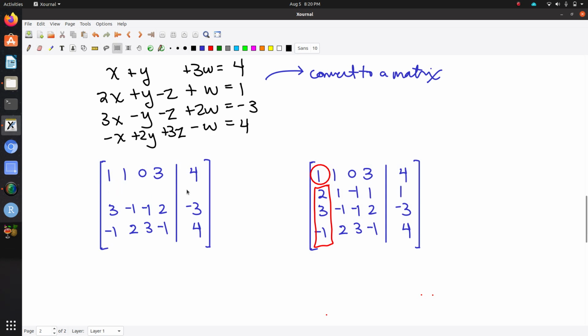Okay, so what are we going to do to put the second row back in? We're going to divide by 2. Okay, and then what about the next row? We're going to have to divide that off by 3.